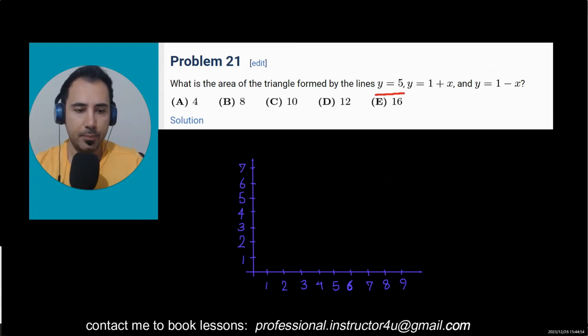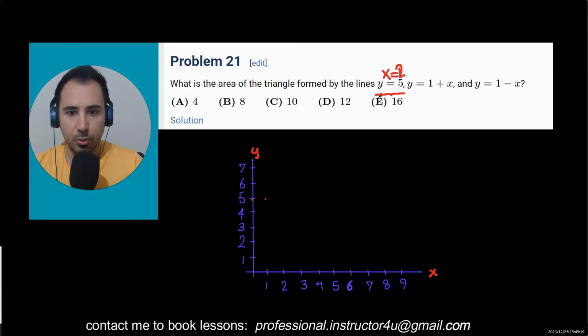Okay, remember, this is the x-axis. This is the y-axis. So y is always 5, right? So that means if x is 1, y is 5. If x is 2, y is still 5. If x is 10, y is still 5. So y equals 5 is here. If x is 1, it would be here.